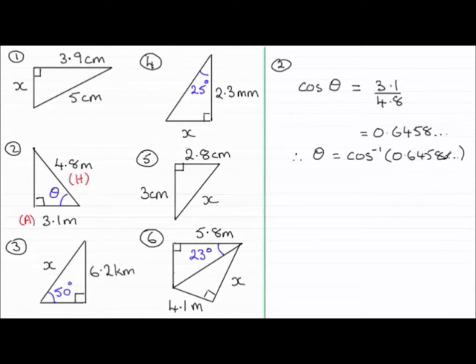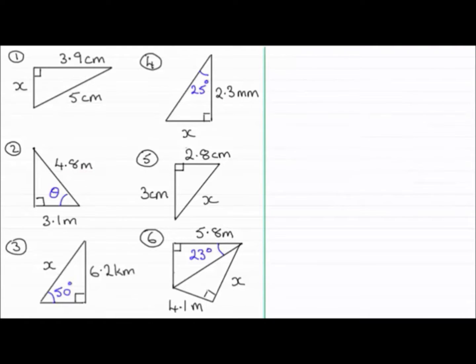Now make sure your calculator is in degrees mode, and assuming it is, you should get 49.77 and so on. And we're measuring this in degrees, and it's to one decimal place, so it's going to be 49.8 degrees to one decimal place. Okay, so that's number 2, and we'll just move on then to number 3.